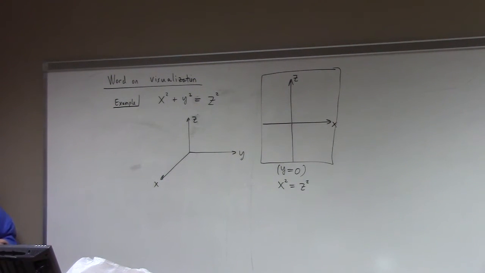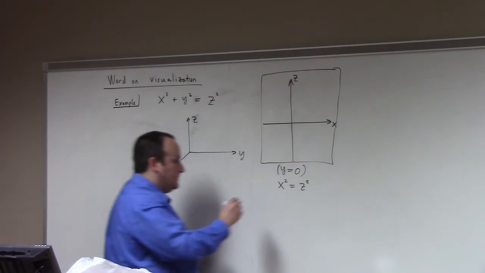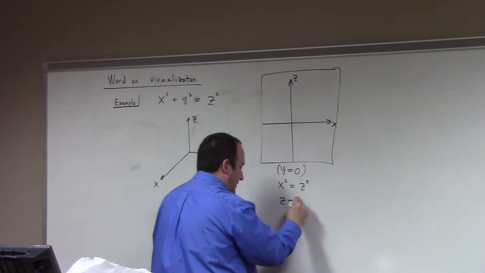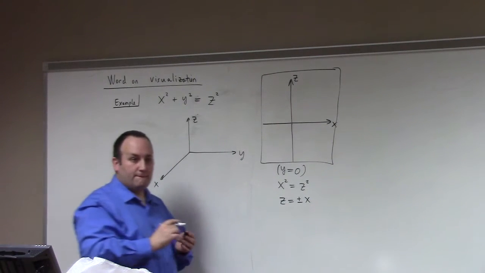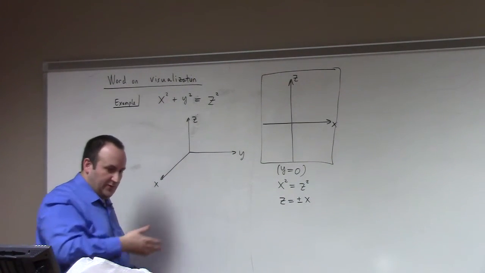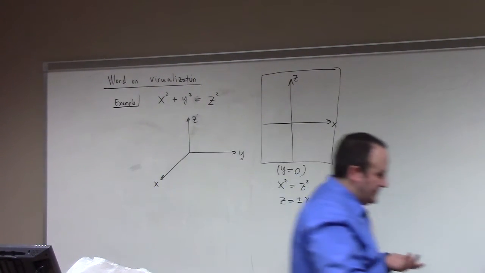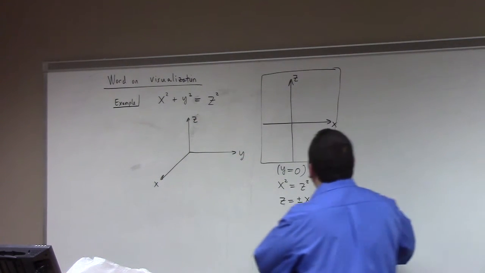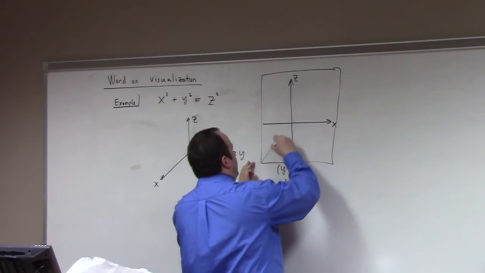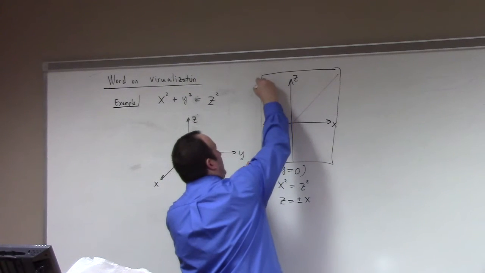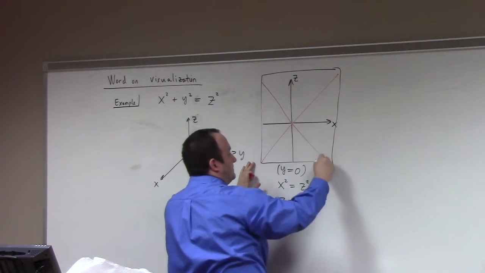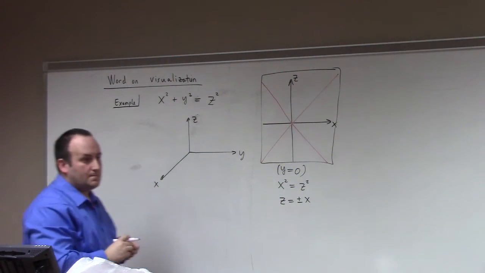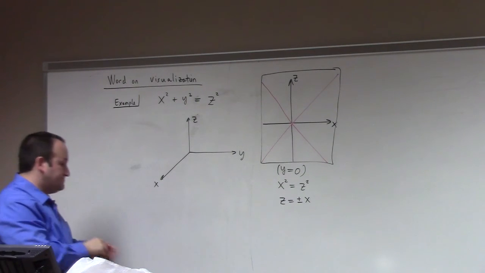It specializes in the xz plane to just that, which we can solve for z as plus or minus x. So apparently, this mystery surface, in the xz plane, contains 2 curves, really lines, like so.